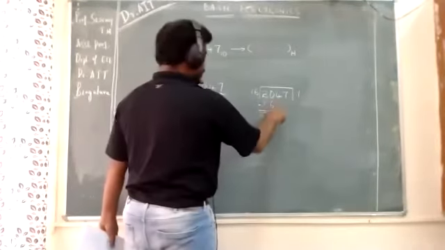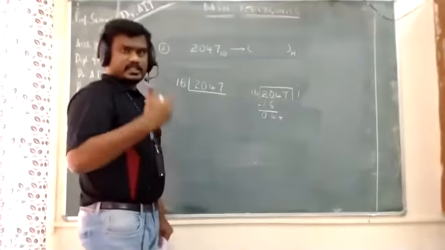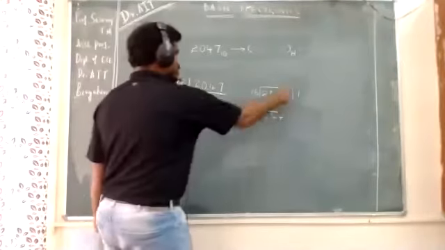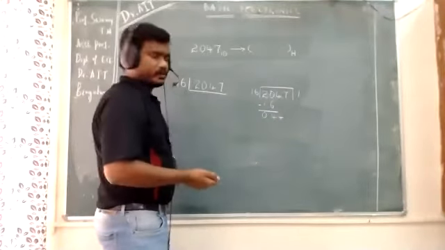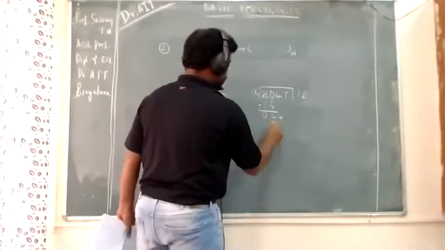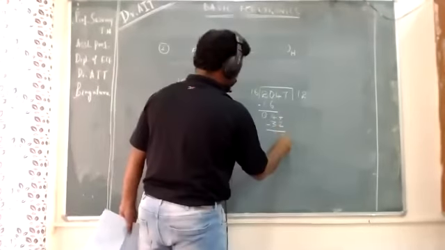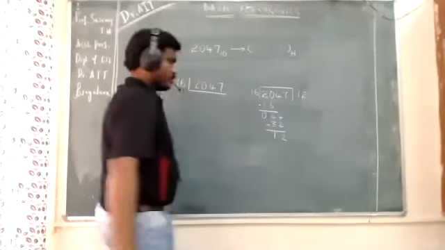Then I will take this 4 here. So 16 twos are 32 and 16 threes are 48. So I cannot use 3. I have to use 16 twos are 32. So this is 16 twos are 32 I have to use. Then subtract it. So you have 2 and 1.